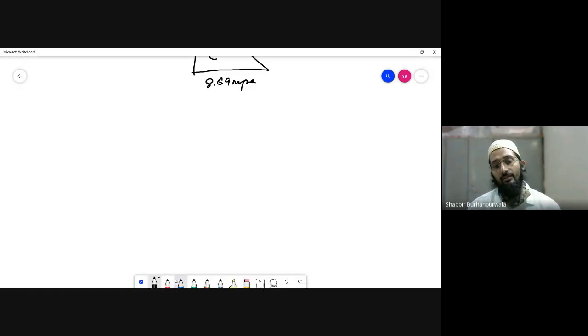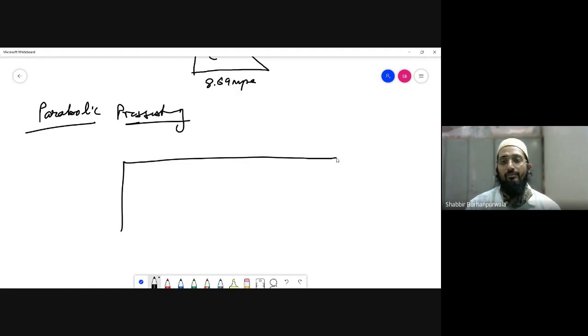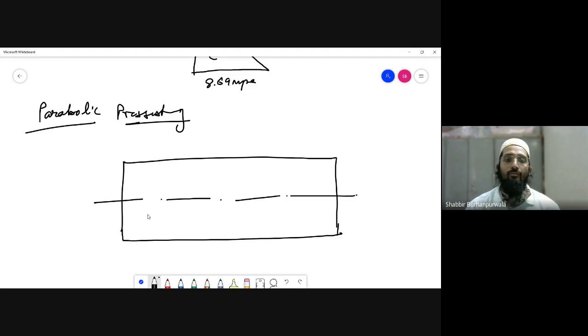We saw eccentric. Let us see parabolic pre-stressing. So what will happen with parabolic pre-stressing? For parabolic pre-stressing, I am taking a concentric at support and eccentric at midspan, that kind of situation.